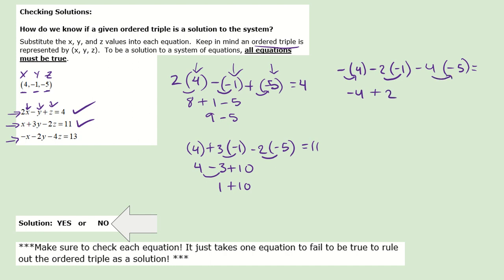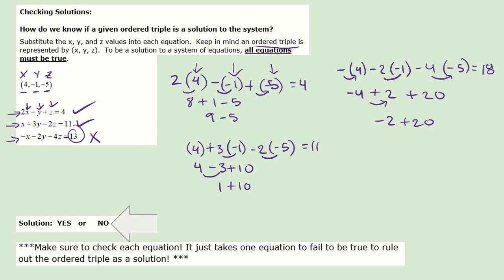And negative times negative is positive. 4 times 5 is 20. So the -4 plus 2 is going to give you -2 plus 20. And that is not going to give you 13. That is going to give you 18. So 18 is not what you have right here. So that means this doesn't work for the third equation.